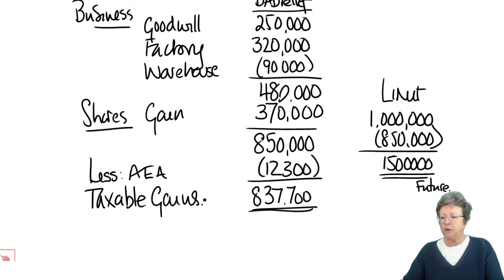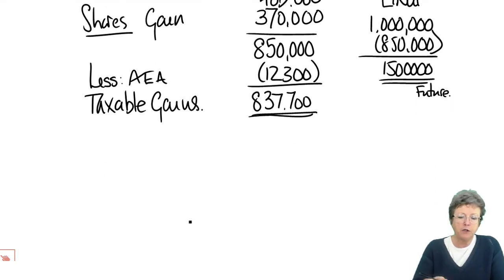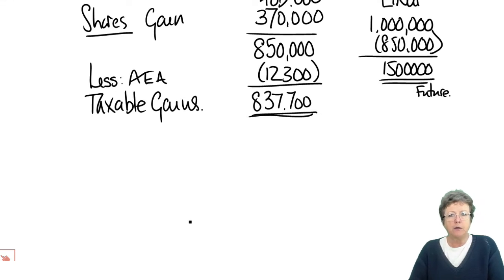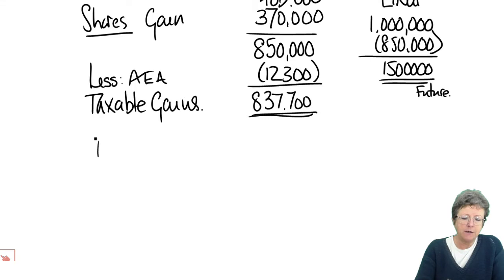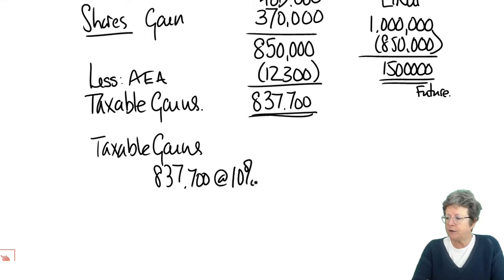Now, how do we know what tax that she's going to pay? Well, because all of these are eligible under the relief, then the gains of 837,700 will be taxed at 10%, which is £83,770.